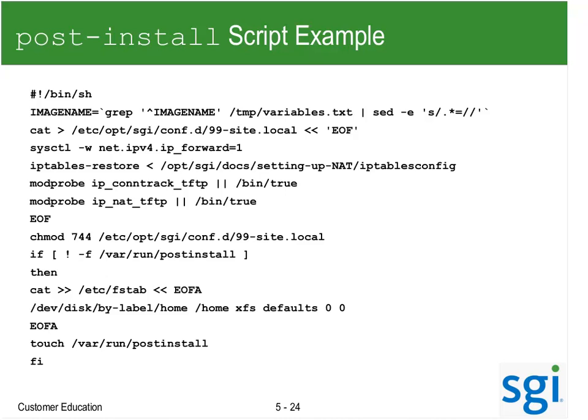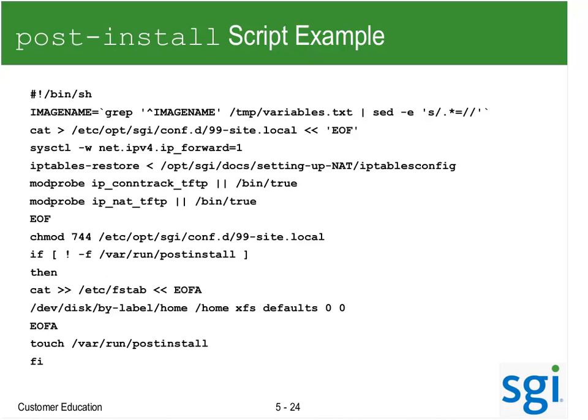When I'm doing the modprobe of these things, they don't match the BOL kernel that's running. So the first time I boot, while I'm in imaging, these will fail. But then once I'm booting on the production kernel, they will work correctly. So this pipe /bin/true is just making sure that if the kernel modules don't match the BOL kernel, I can keep going. I then chmoded that site.local script so it would run the next time we boot.